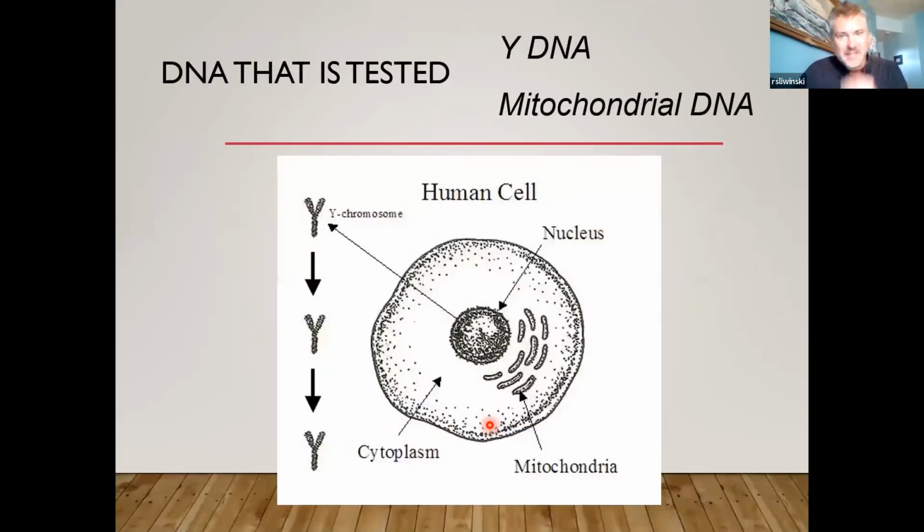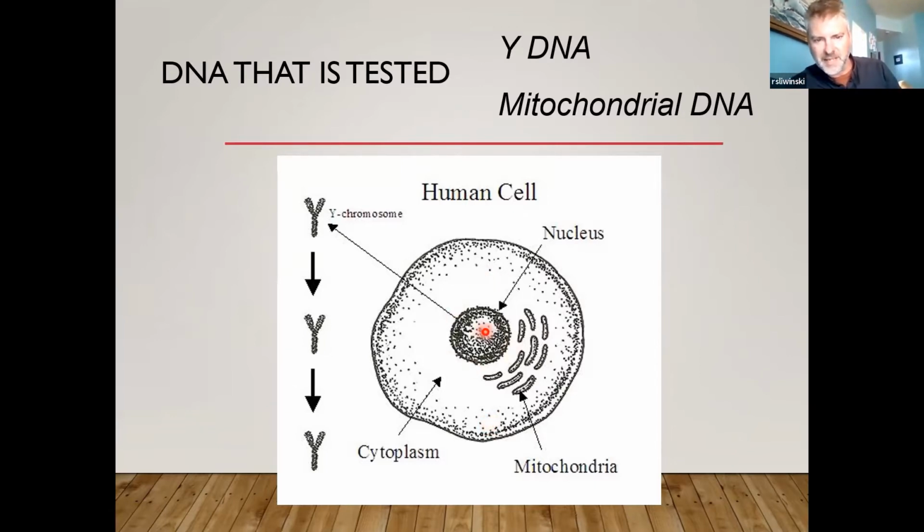Okay. The DNA that is tested, YDNA and mtDNA, where is it from in your cell? Think of a cell as an egg cracked open, frying on a frying pan. The YDNA comes from the nucleus of the cell in the center.